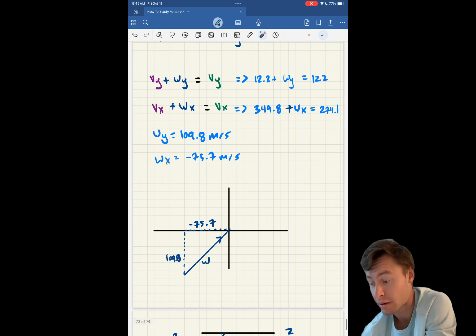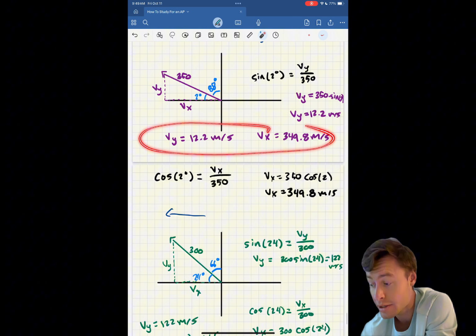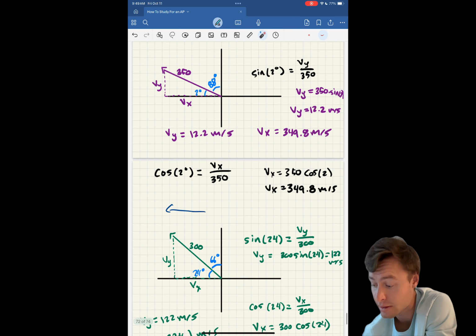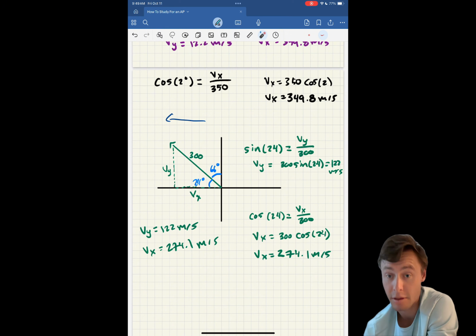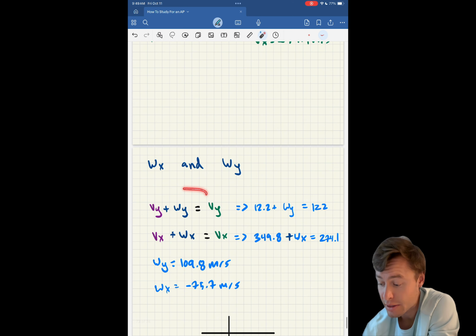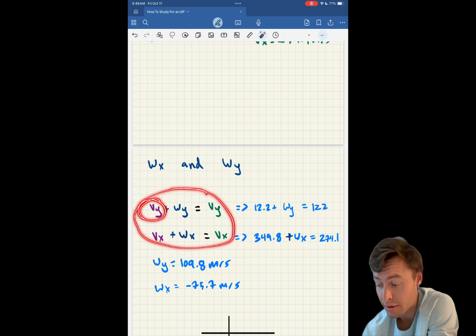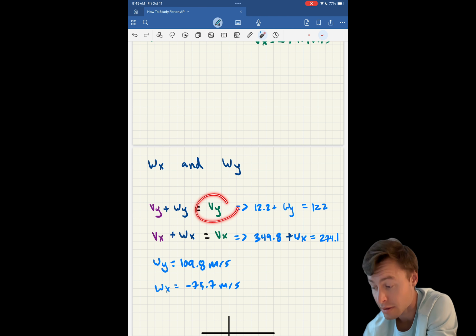How did we get the vertical and horizontal components? Well, we said that if these are the original vertical and horizontal components, and these are the altered, the new horizontal and vertical components after the plane is affected by the wind, we can set up these two equations. The original vertical vector plus the wind's vertical vector is equal to the altered vertical vector.